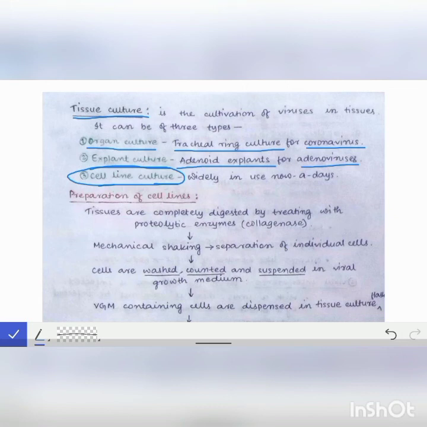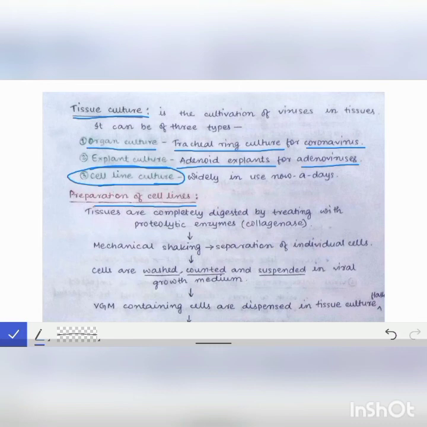For the cell line cultures, we first have to prepare the cell lines. How do we prepare them? We take a tissue, whatever tissue we want to grow the viruses over, and we completely digest the tissue so that all the cells get separated from each other. The cells are bound to each other by the extracellular matrix, which is made of collagen.